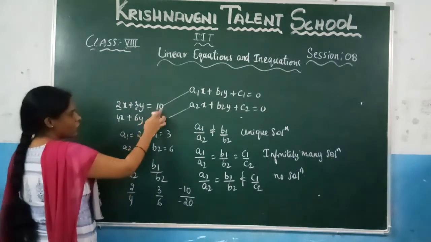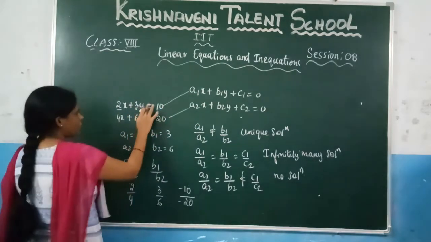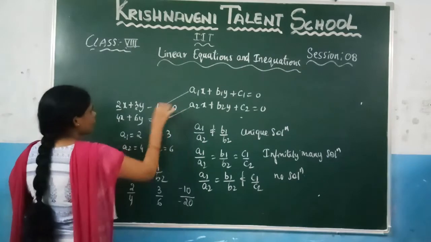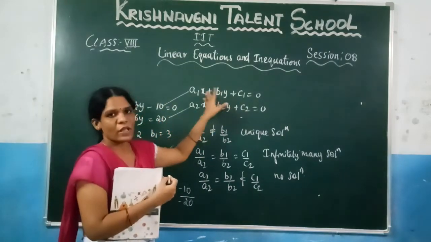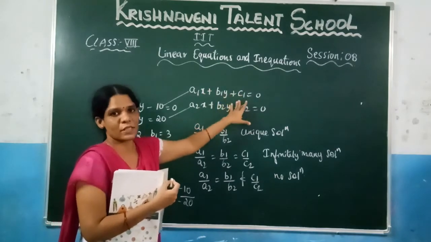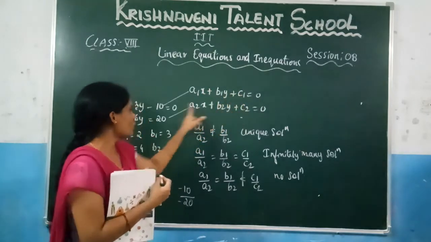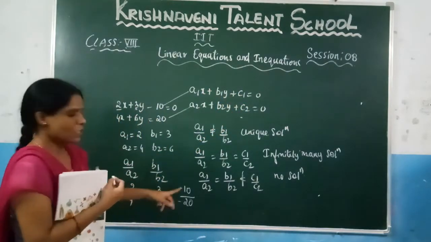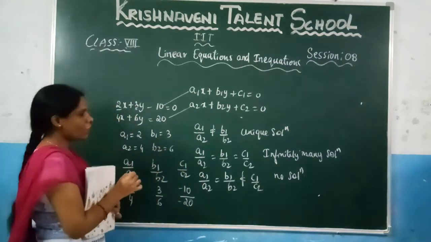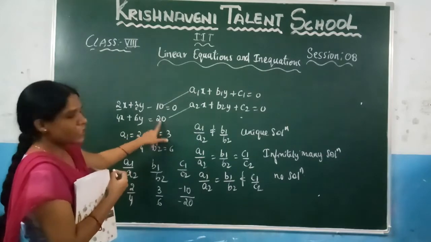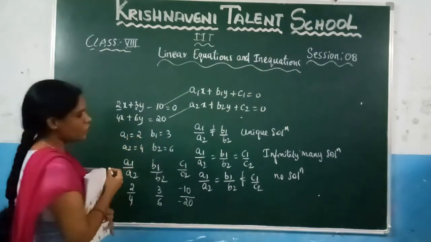If you take this 10 to this side, it will become minus 10, so that you get 0 on the right side. Now this is changed into the form a1x plus b1y plus c1 is equal to 0. Now the value of c1 is minus 10, so I am writing the c1 by c2 value. Again, if you take this 20 to this side, it will become minus 20.